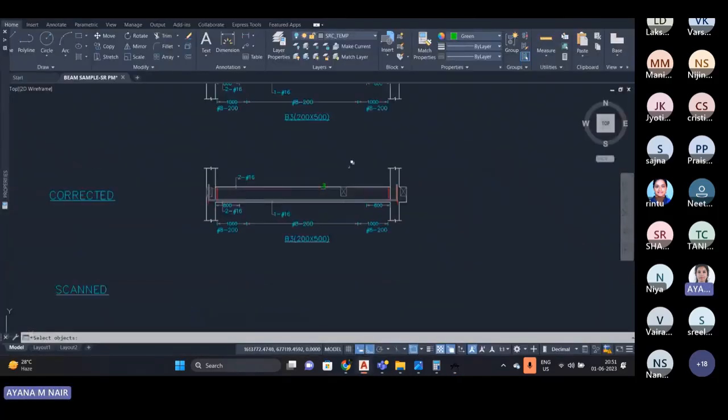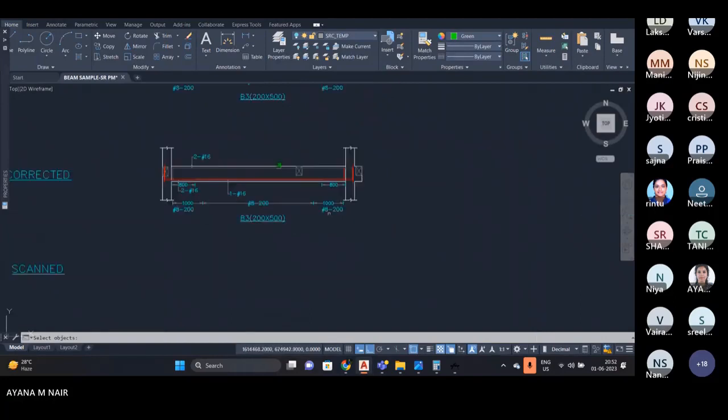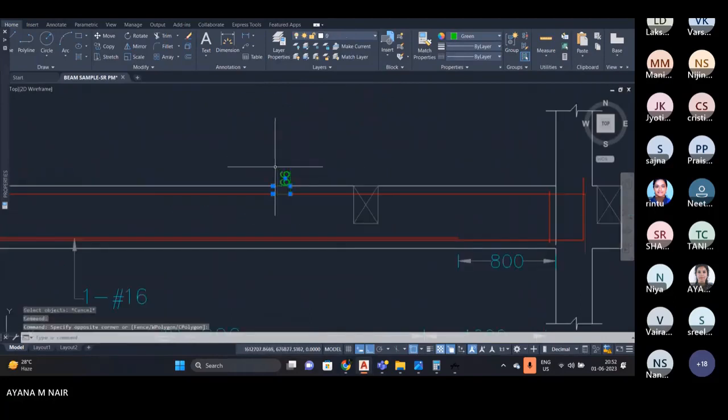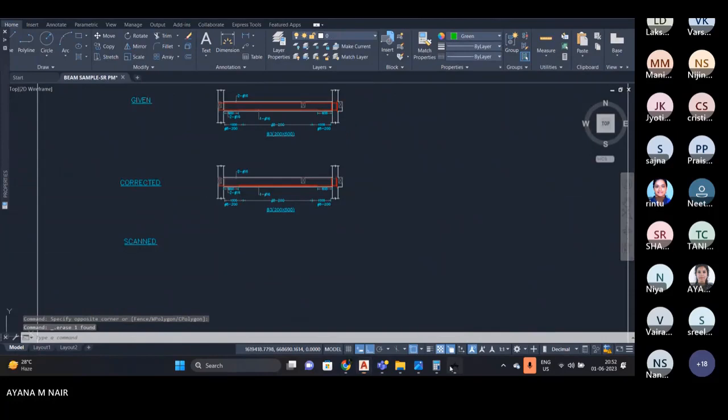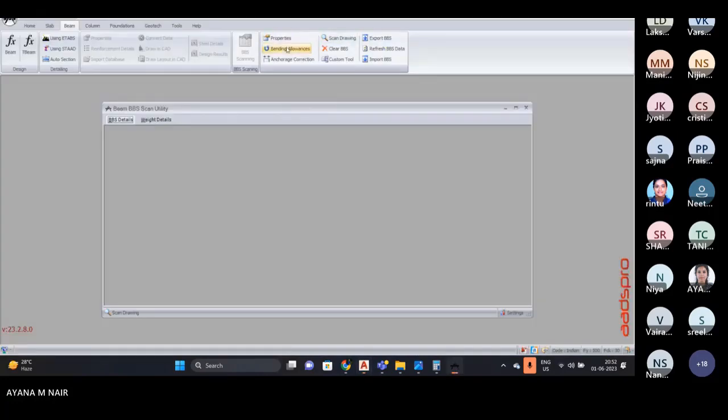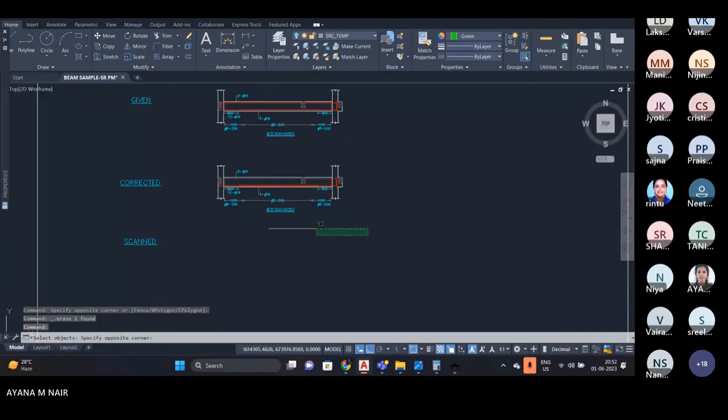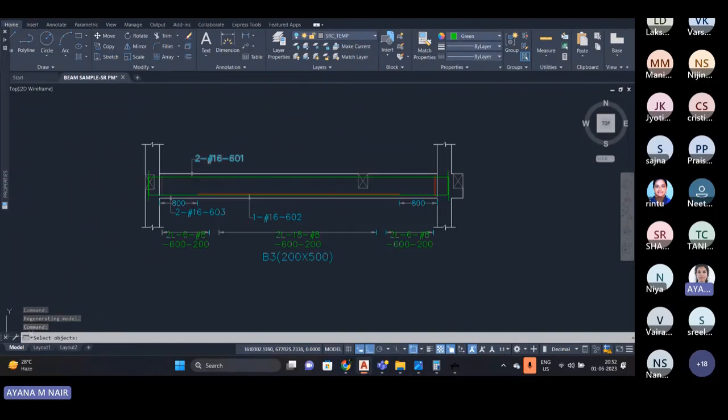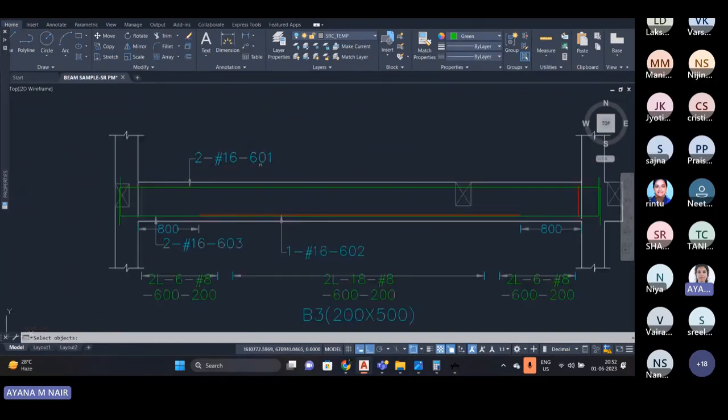Come to the AutoCAD section. So it's clear to you that here the bar mark is 601.